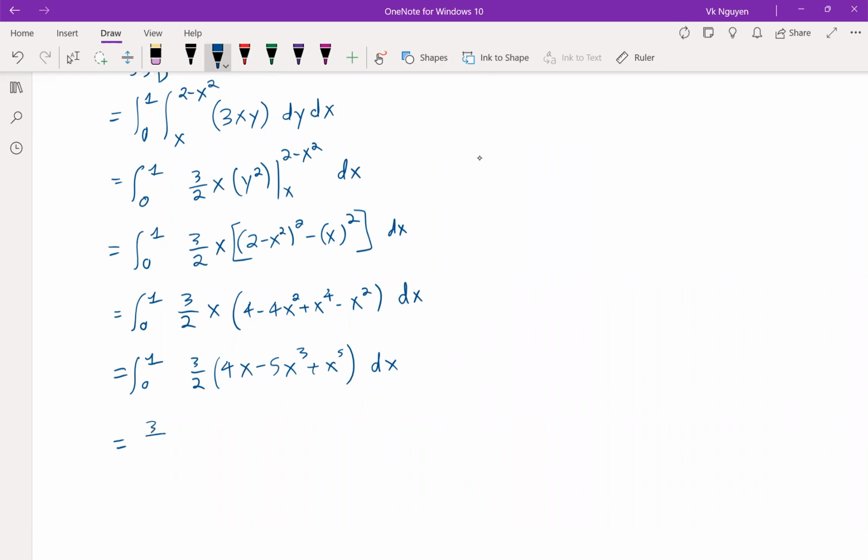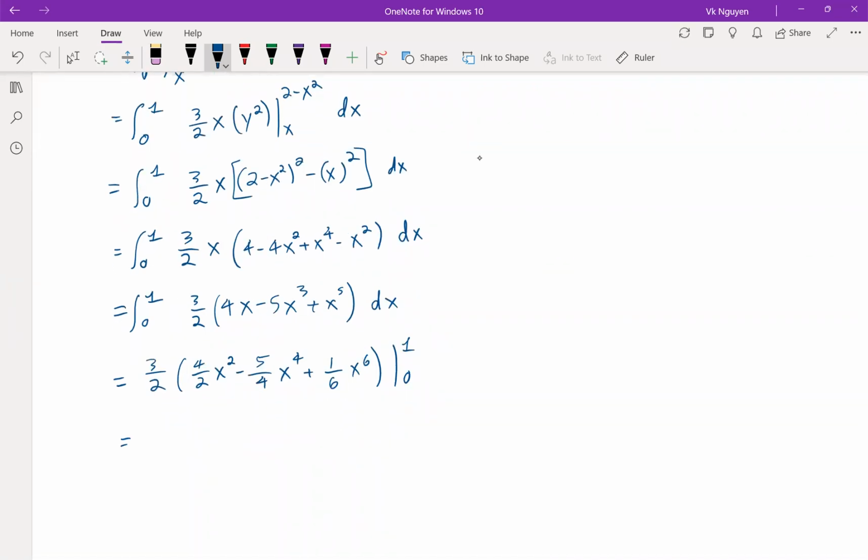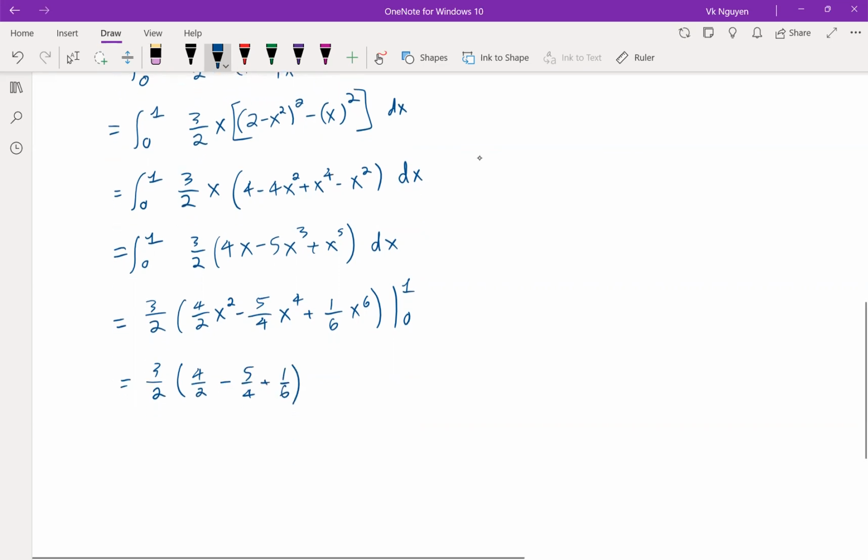Man, might as well put the 3 over 2 outside. 4 over 2 x squared minus 5 over 4 x to the 4 plus 1 over 6 x to the 6, from 0 to 1. Oh, how nice. Let's plug in number 1 in there. 4 over 2 minus 5 over 4 plus 1 over 6. And ta-da.